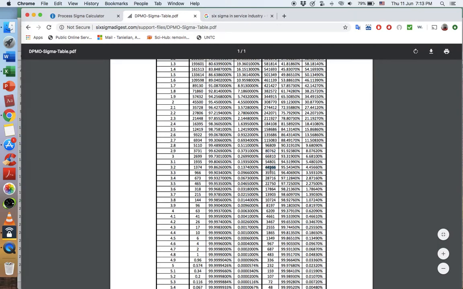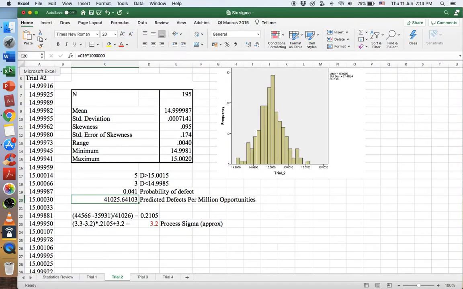41,026. So we are between 3.3 and 3.2. Where exactly between 3.3 and 3.2? Well, we can get a slightly better indication by taking, again, a linear estimation on the normal curve by just looking at what percent of the way between those two numbers we are and calculating out that number right there, 3.22 or 3.2.